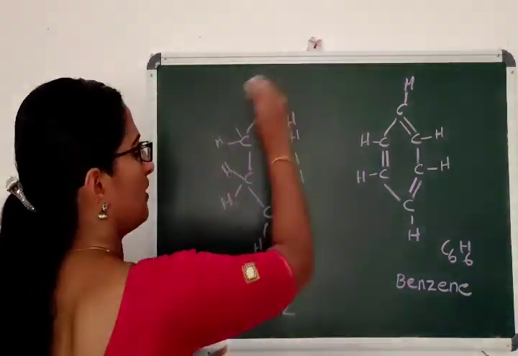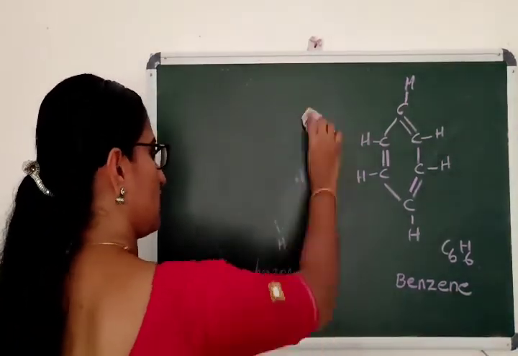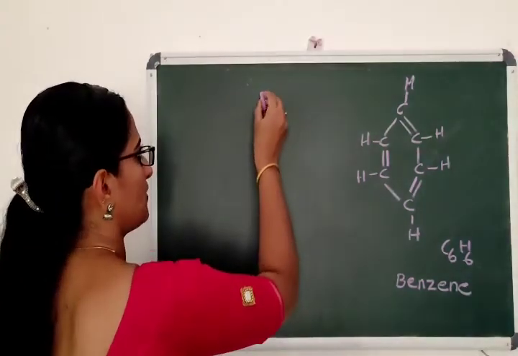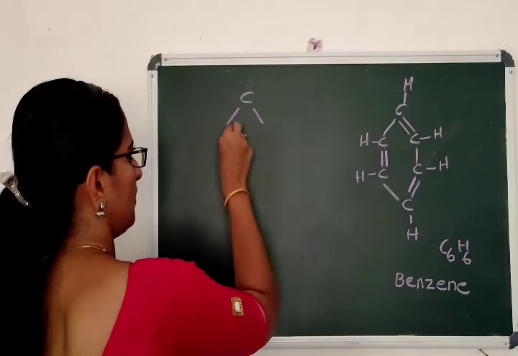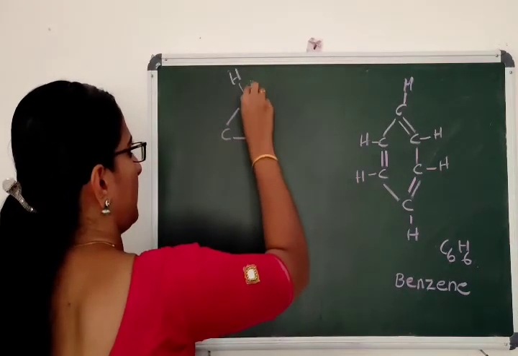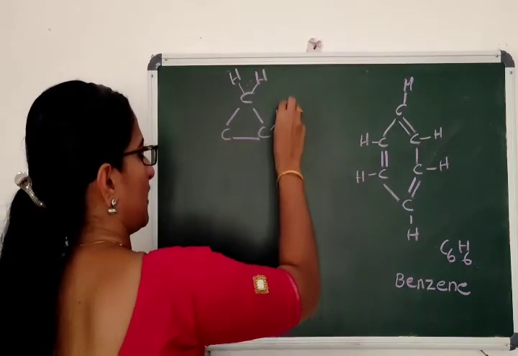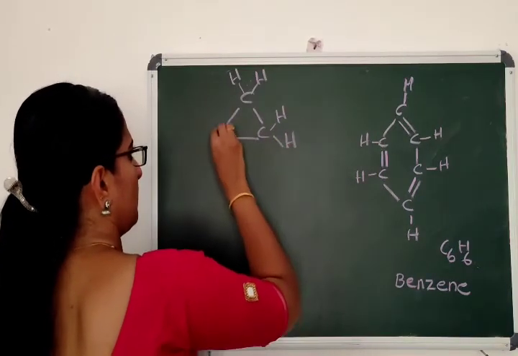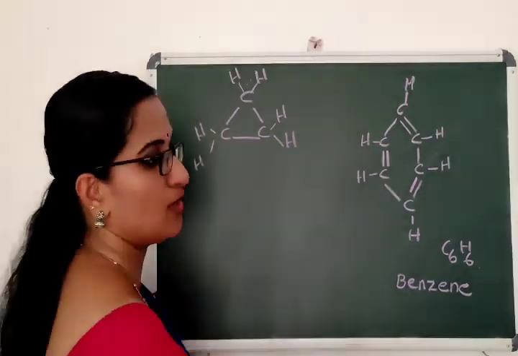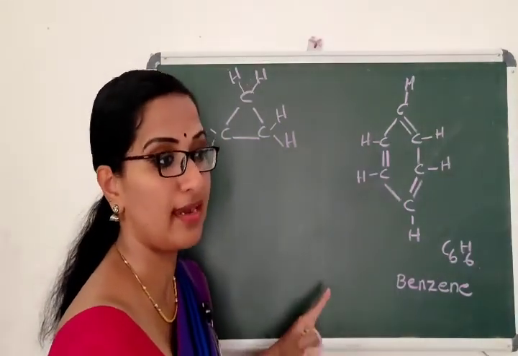You can draw other examples of unsaturated hydrocarbons, like how can you draw cyclopropene? If you want to draw cyclopropene, first you draw the cyclopropane. How will you convert it to cyclopropene?